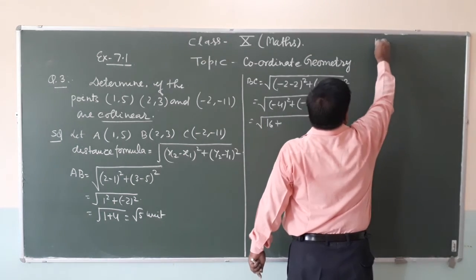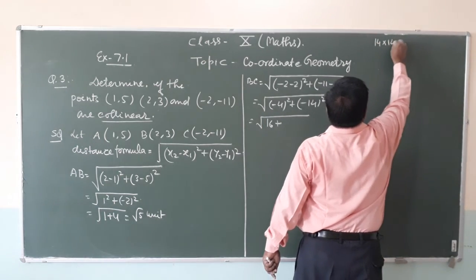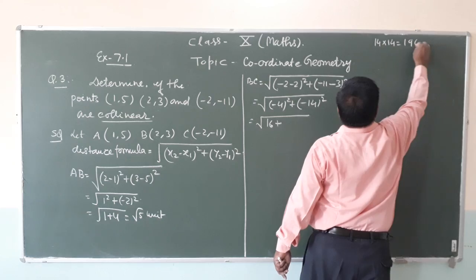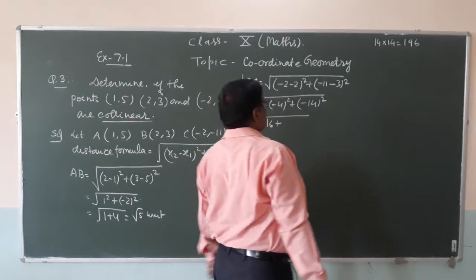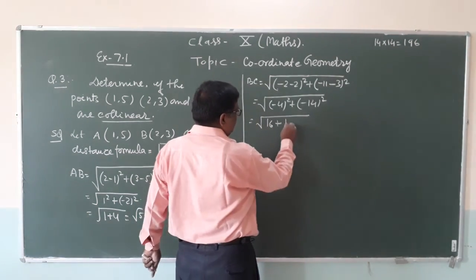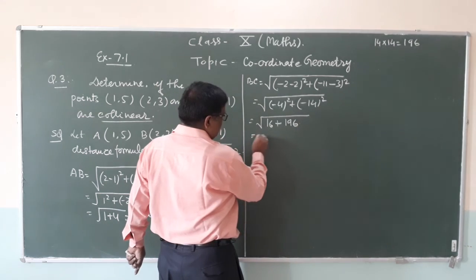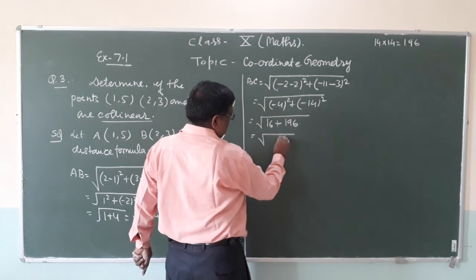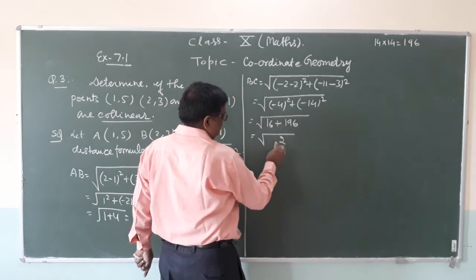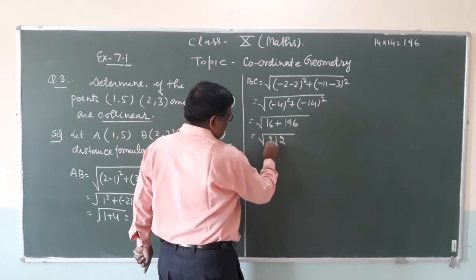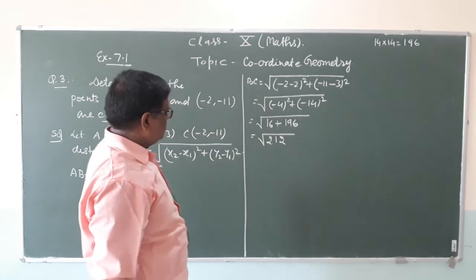Now 14 into 14 is 196. So this is 16 plus 196, which is 212.